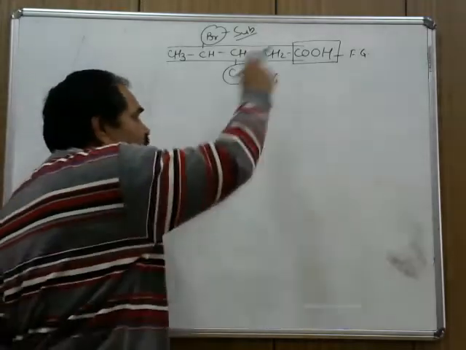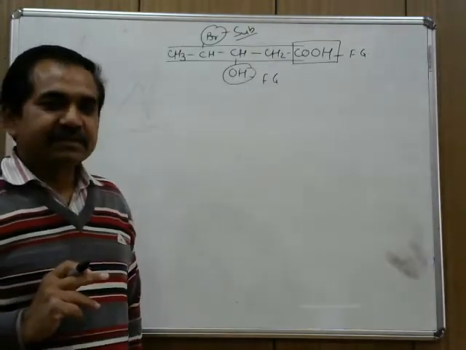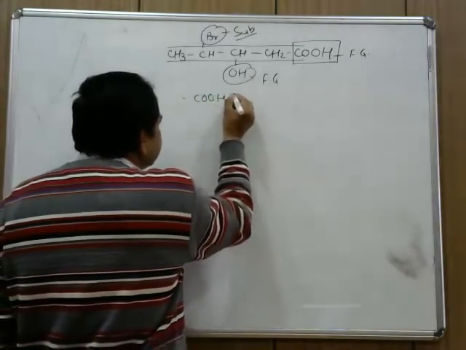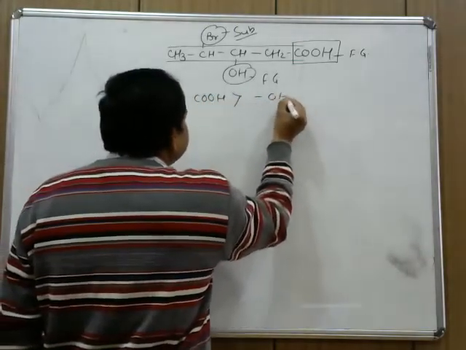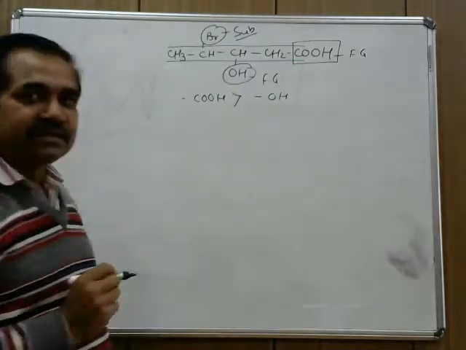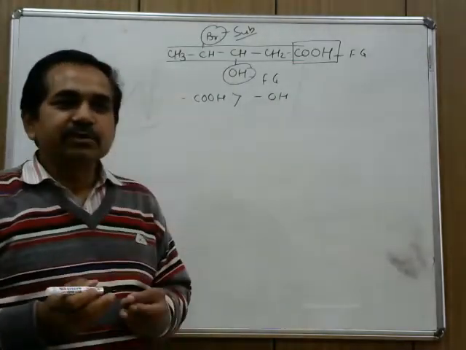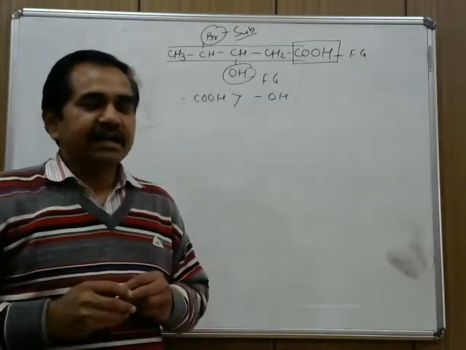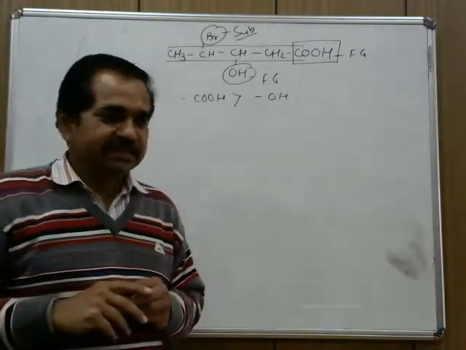Now out of these two functional groups, the priority of the COOH group is more than the priority of the OH group. So the COOH group is treated as the principal functional group, and for this we use a suffix.